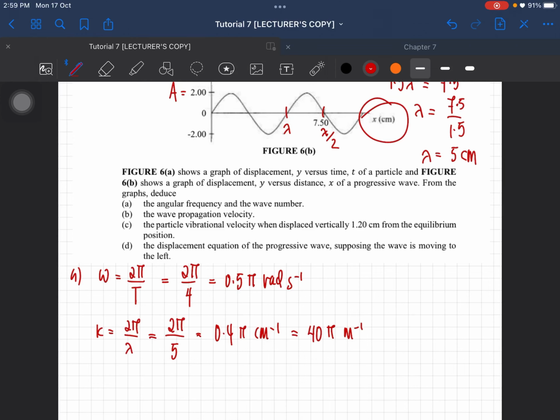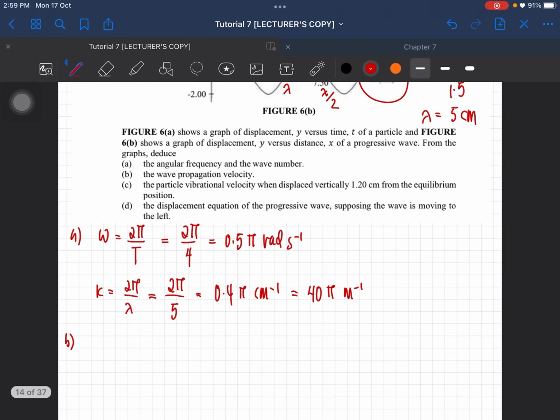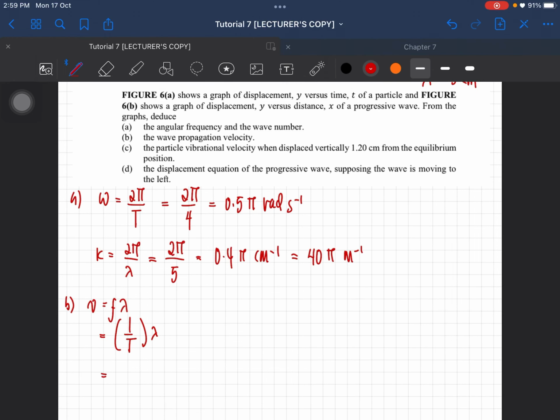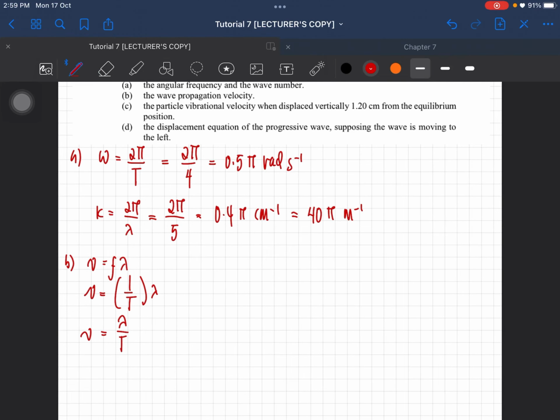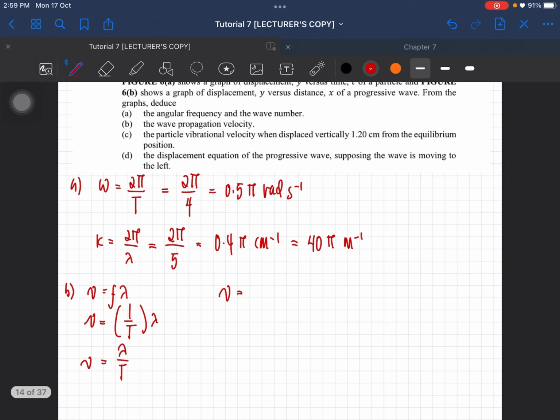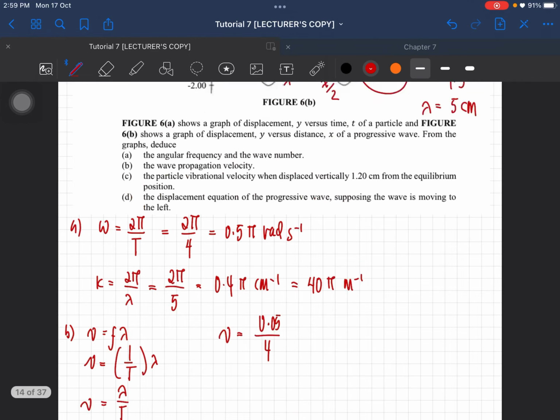Question B, the wave propagation velocity is going to be v equal to f lambda. So f is 1 over T, times lambda. So that is lambda over T. Lambda is 5, or 0.05 meter, over the period which is 4 seconds.